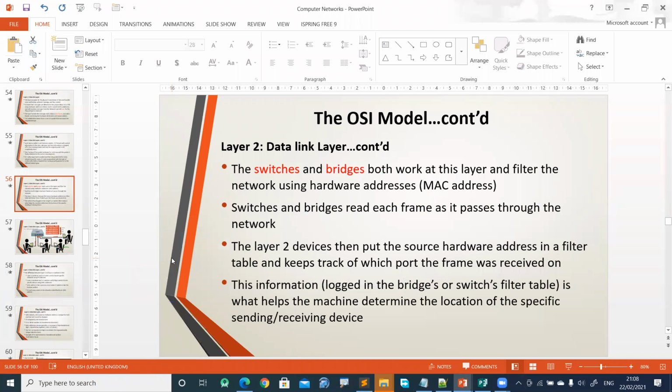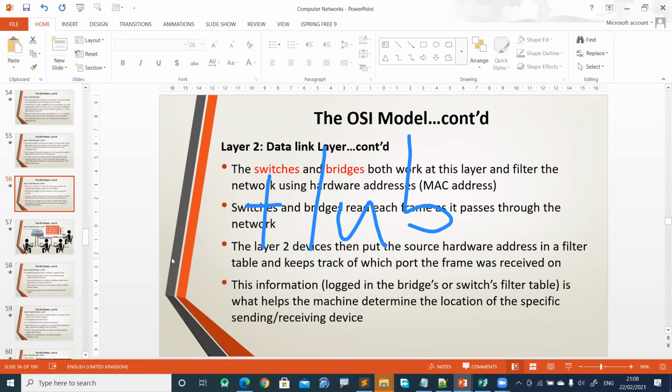Now, you can also find a hub in some other networks. But there's a difference between a hub and a switch.